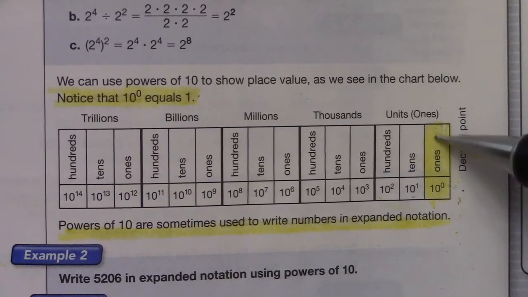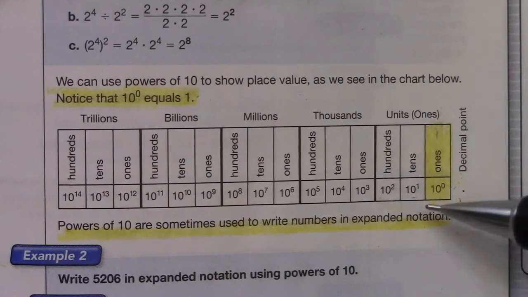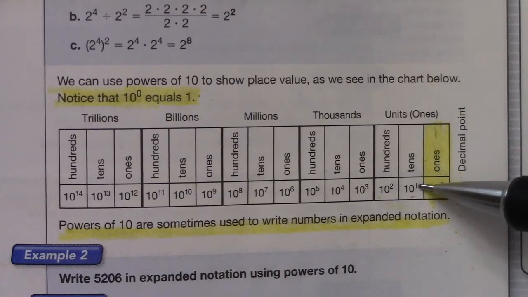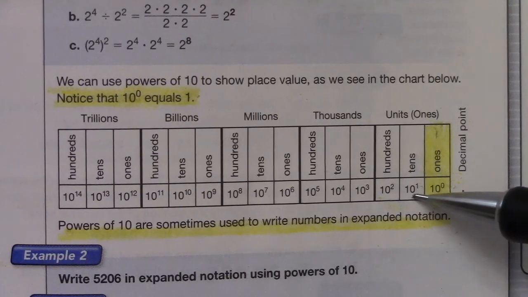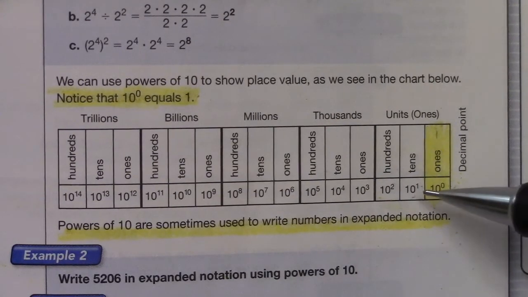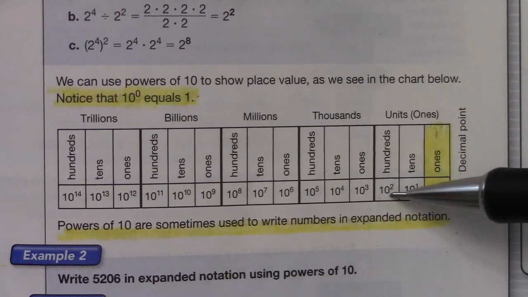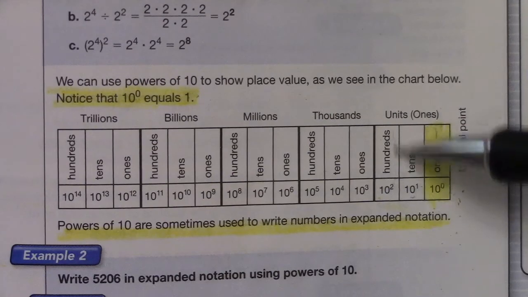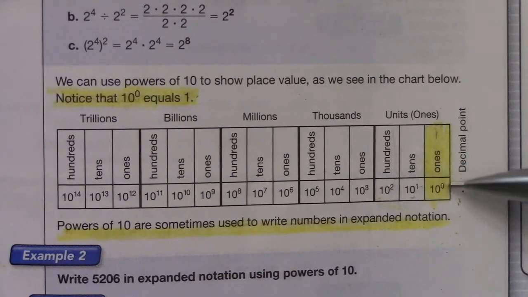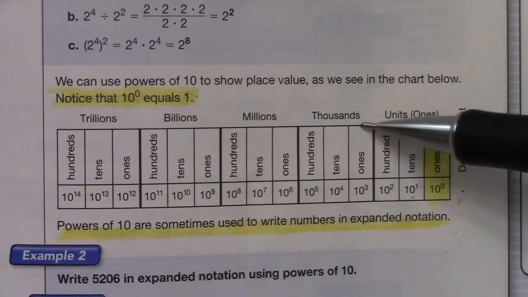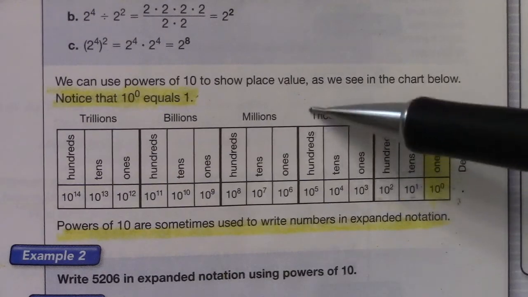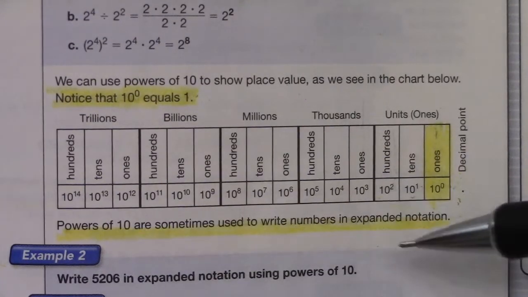So a 10 to the 0 would be the number 1. A 10 raised to the 1 tells us that there's 1 zero. It's a 1 and 1 zero. 10 squared is a 1 and 2 zeros. We're out in the hundreds place. And so on. 10 to the third, we're now in the thousands, 10,000s, 100,000s, and it just keeps getting bigger and bigger.